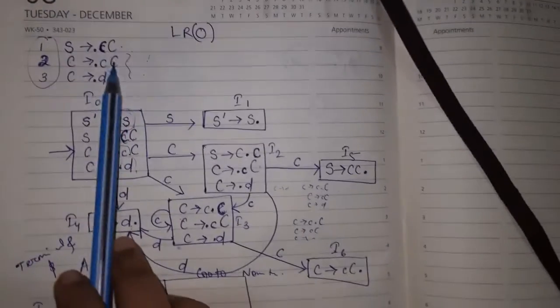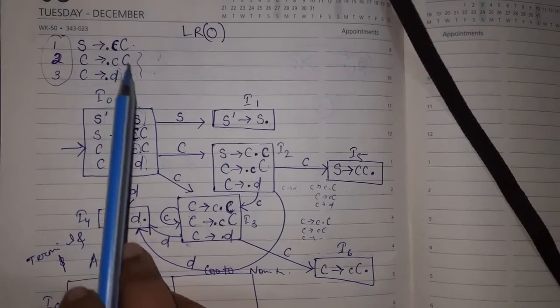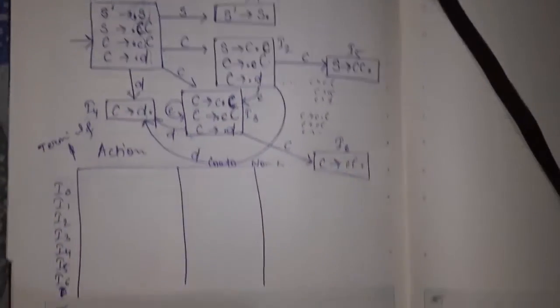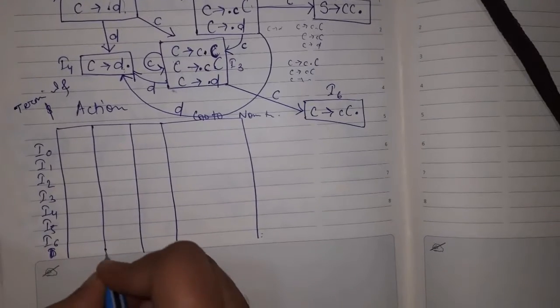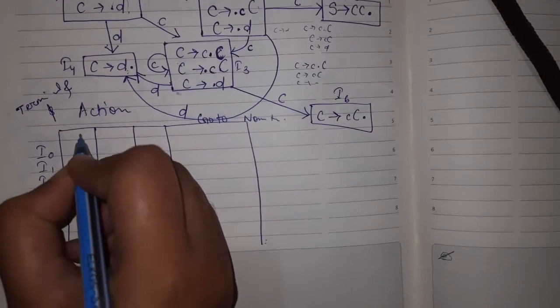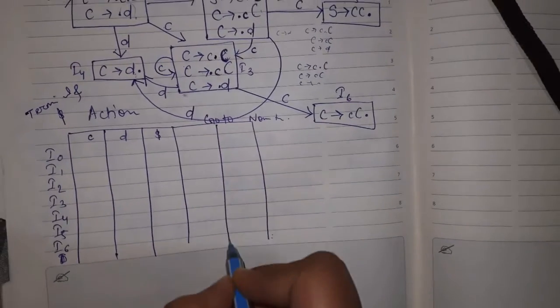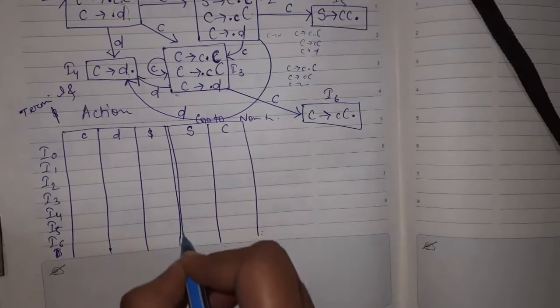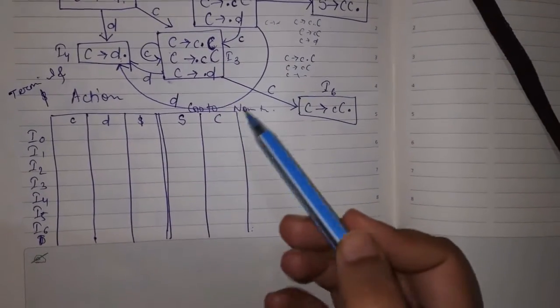From the given grammar we can see that the terminals are c, d and the non-terminals are S and C. So here 3 columns, that is for c, d and dollar, and here 2 columns, that is S and C. Okay, so this is the action table, and this is the go-to table.